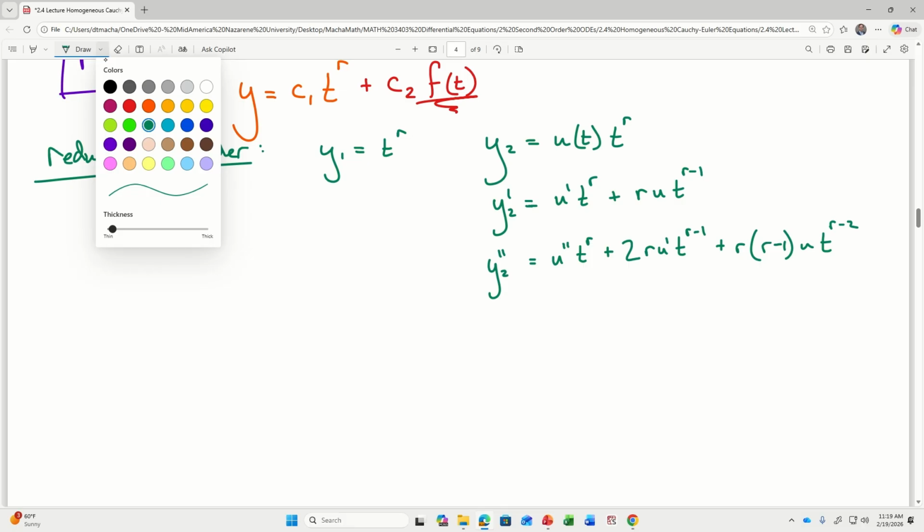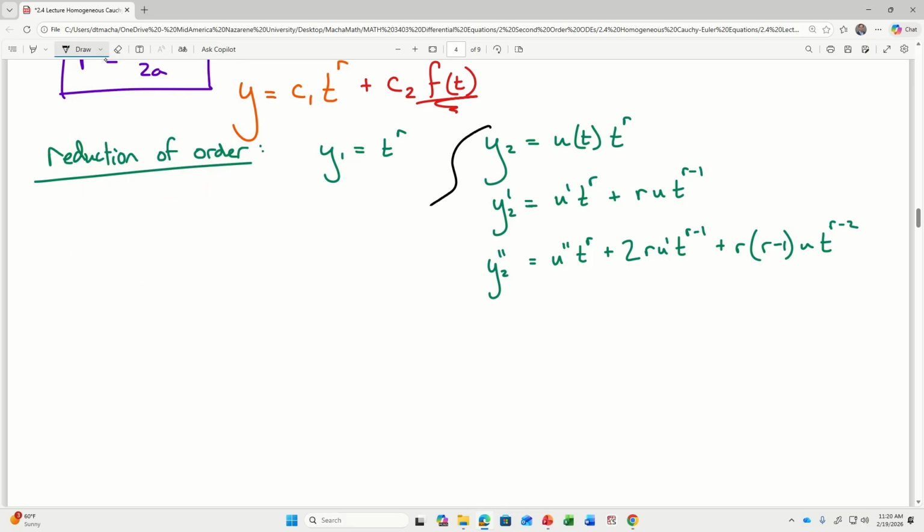And then we plug these things into my ODE, which looks like this. Of course, we're plugging the y2 solution in. We'll see what we get.